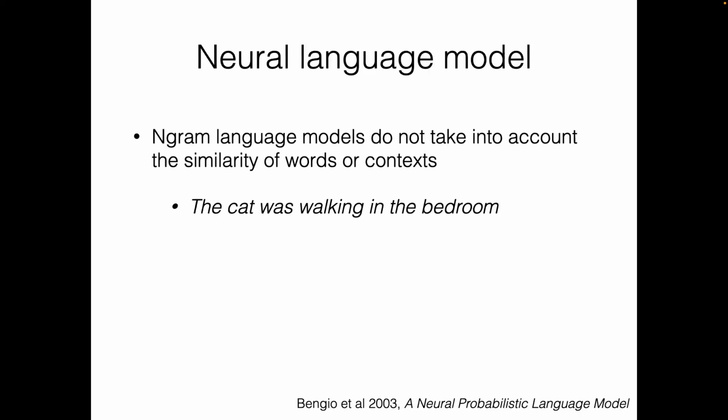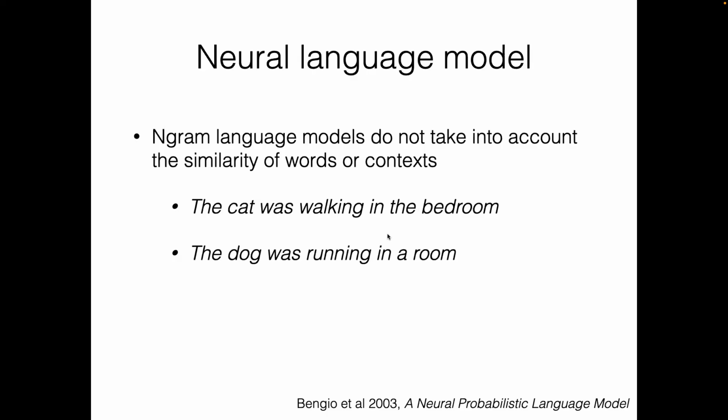Here, these models are going to be able to take into account some notion of similarity of words or different contexts. Like here, the cat was walking in the bedroom and the dog was running in a room. The idea is the model will in some sense be able to increase the probability of the dog was walking in the bedroom or the cat was running in a room, because looking over the whole data set, it'll see that cat and dog tend to appear in similar contexts and things like that.